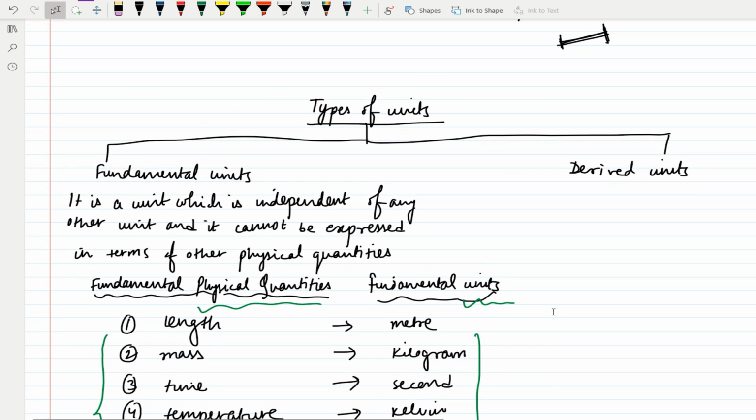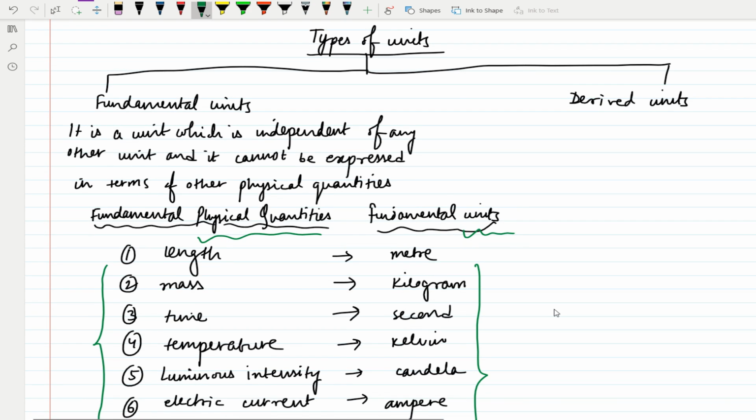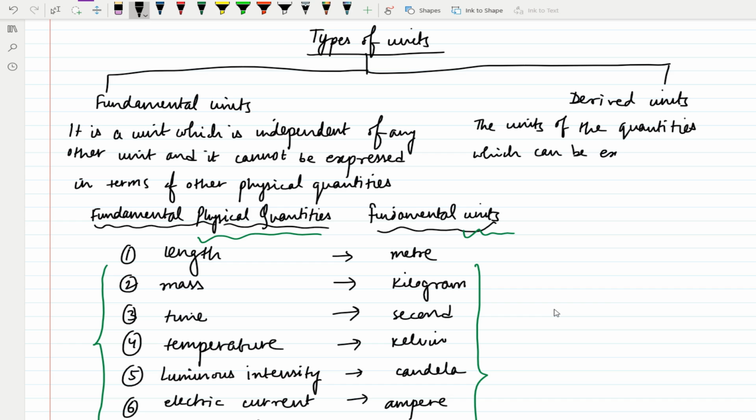Now come to derived units. Derived units are the units of the quantities which can be expressed in terms of fundamental units.